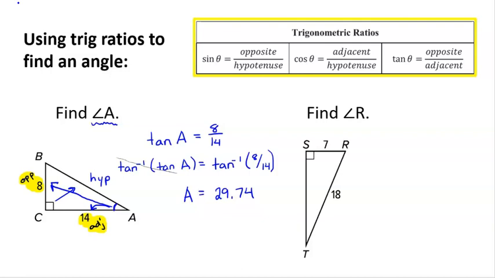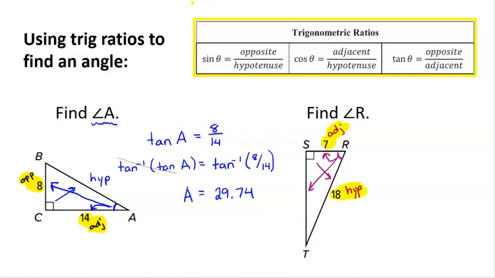All right, let's try it again with angle R. So now we're looking at angle R. And I want to always label my hypotenuse first. And then from there, I can figure out what my opposite and my adjacent are. So I have my adjacent here. And so now I have the adjacent side and my hypotenuse.